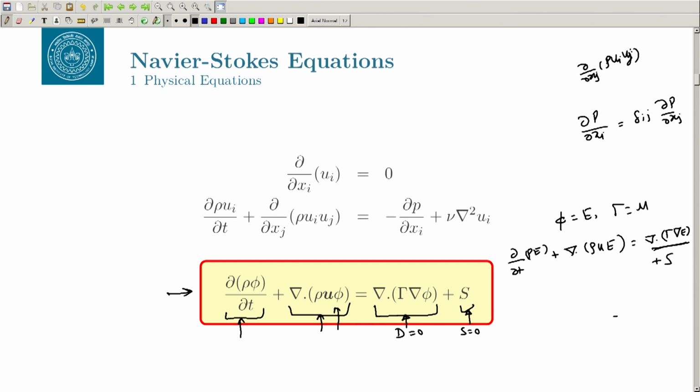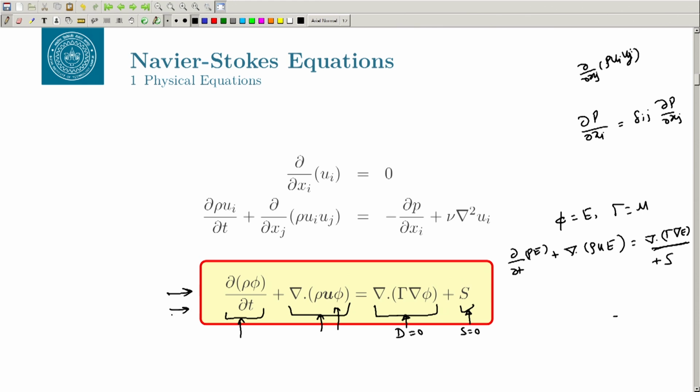Now, let us look at very simple equations, and then we will combine all these simple equations that you already know to see how they can be represented in this form.